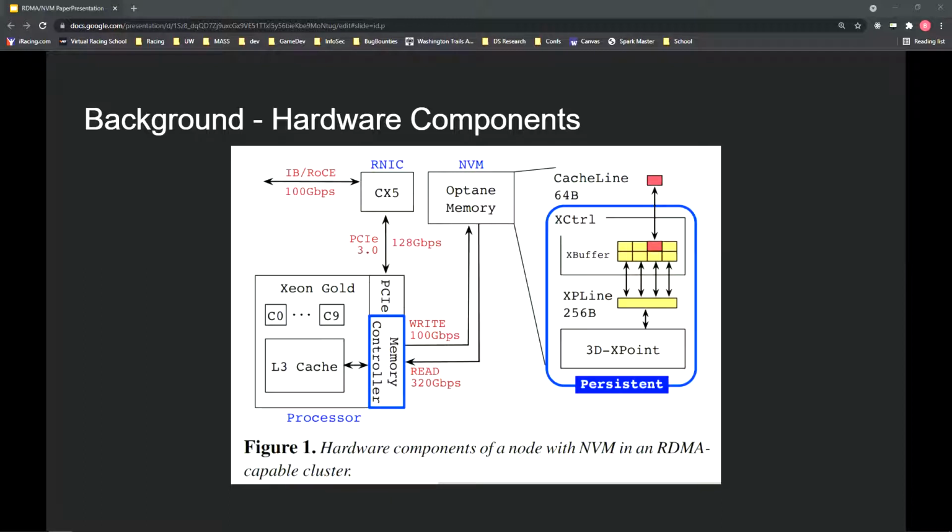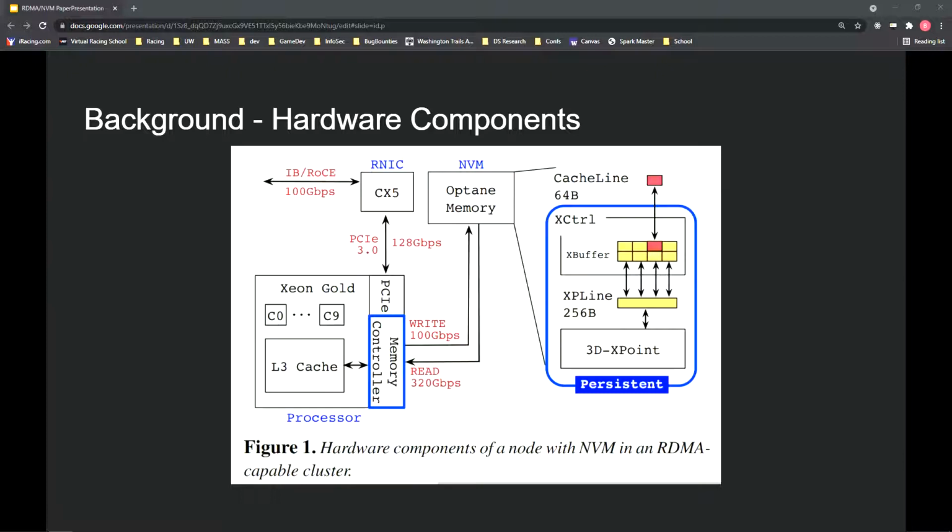This is also the access granularity of the CPU and PCIe bus. And it goes from the X buffer to the XP line, which has a 256 byte granularity. The X controller also has a small write combining buffer, which is the X buffer you see in the figure. This merges adjacent cache line writes into one XP line write.